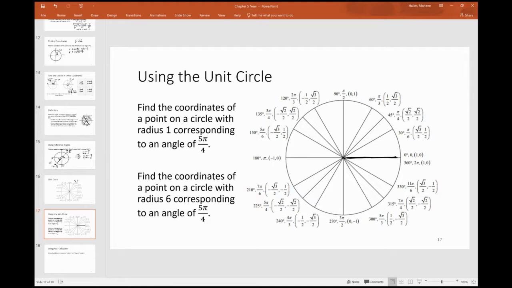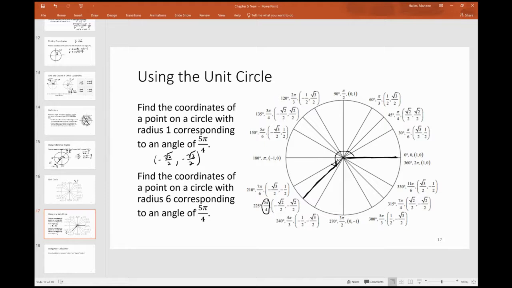There's 3 pi over 2. Here's 5 pi over 4 right there. So this is the angle. It's going to terminate right there. It's equivalently 225 degrees. What are the coordinates of the point? Negative square root of 2 over 2 and negative square root 2 over 2. Let's write it.